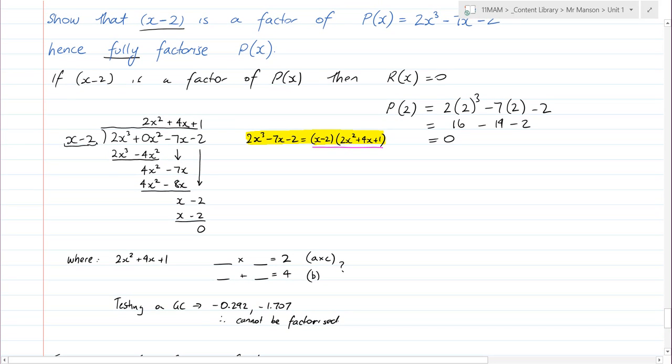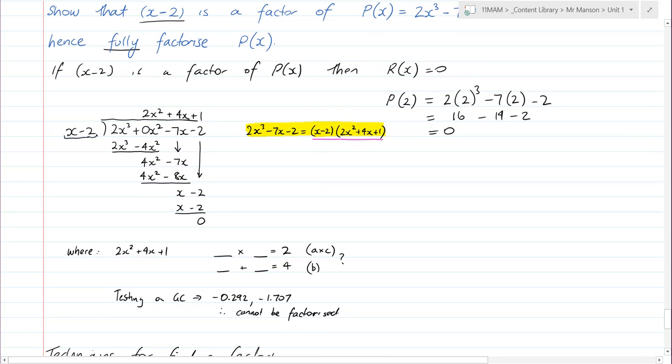Are there any questions on that? Dylan? Completing the square? I could do, but completing the square wouldn't give me a factor. If I completed the square on this, I would get x plus 2 squared, but then that gives me an ancillary 4, so minus 8.